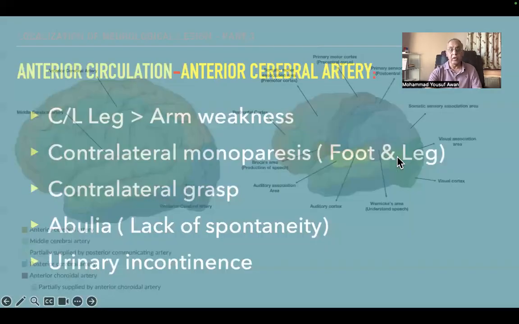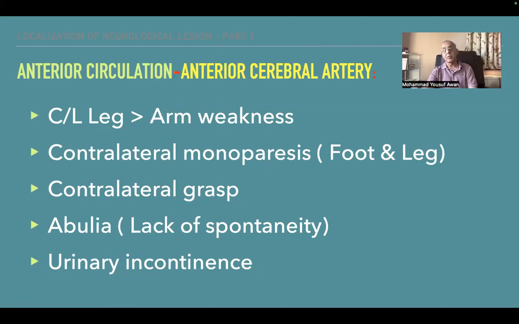So if you know the circulation of the brain and the area supplied by these cerebral arteries, then it will be easier for you to localize which artery supplying that part of the brain is involved in any particular syndrome.